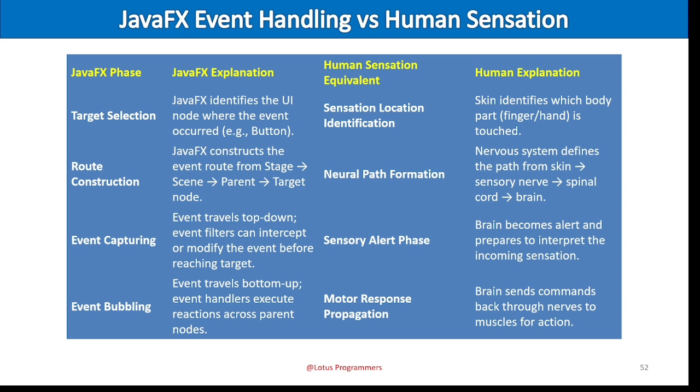So when a finger touches the skin, or when any touch happens through the hand on any body organ, like the hand, the leg, or a muscle, that is how the sensation happens. In the same way, the same kind of event handling is referred to in the JavaFX event handling mechanism.